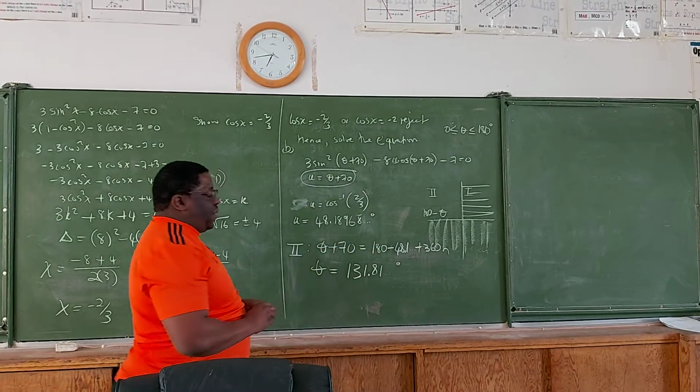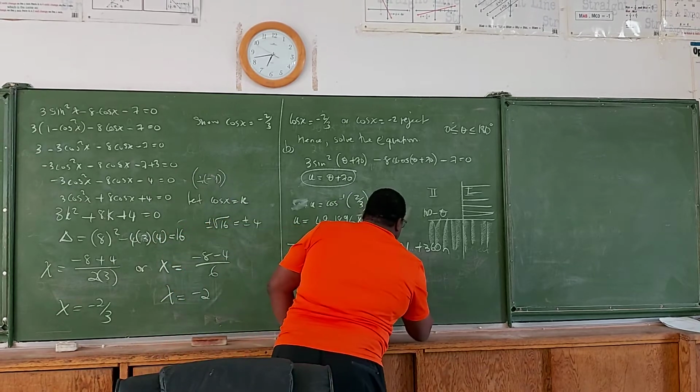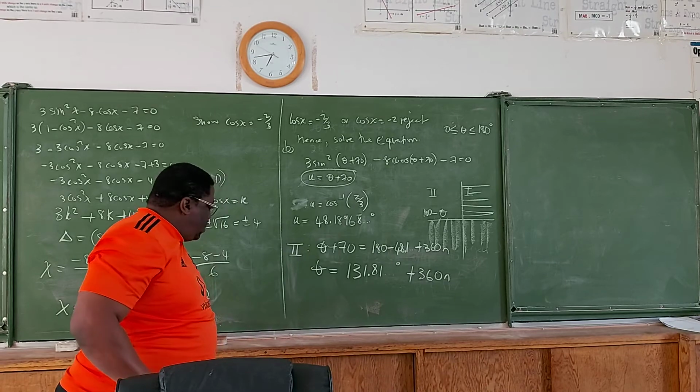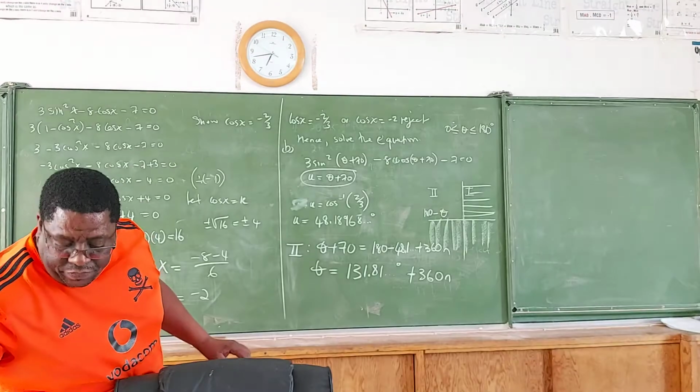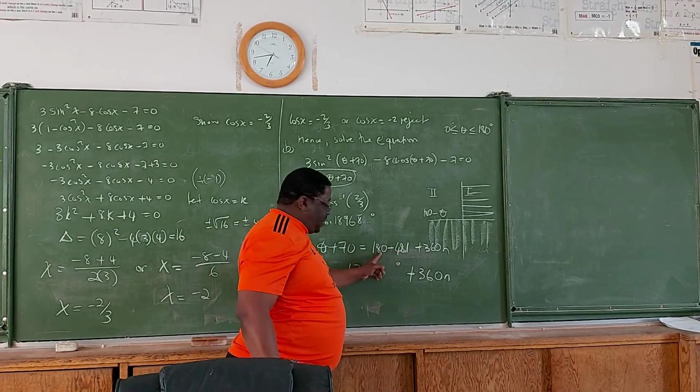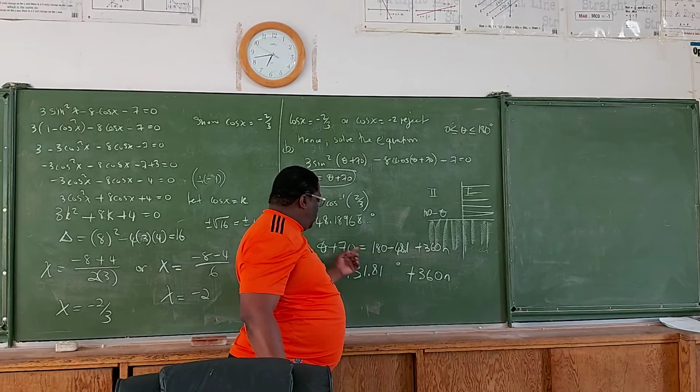0.81 degrees plus 360. You're subtracting, you did subtract this from each other, and then you subtracted the 70.